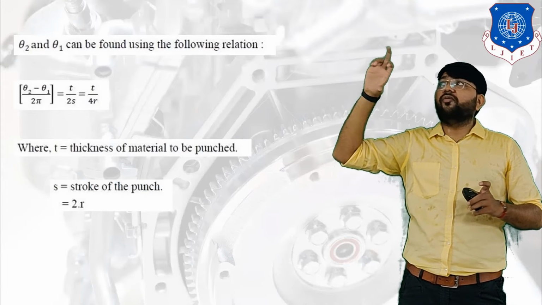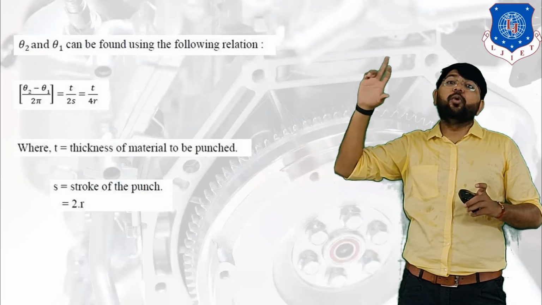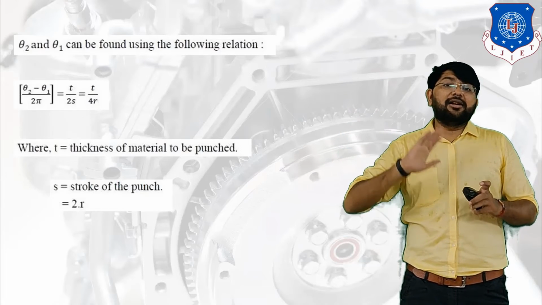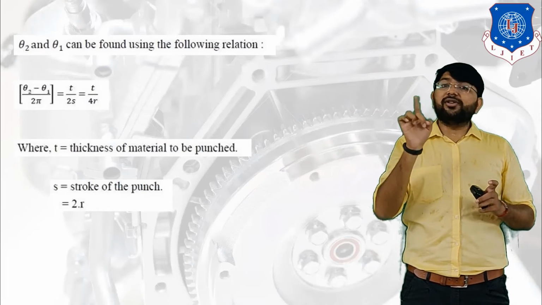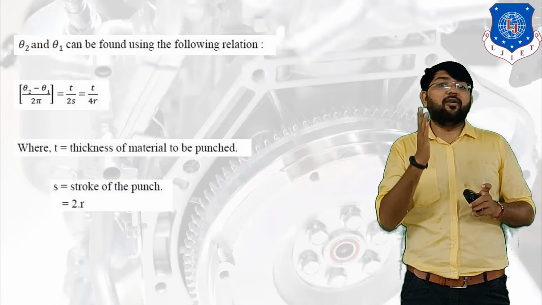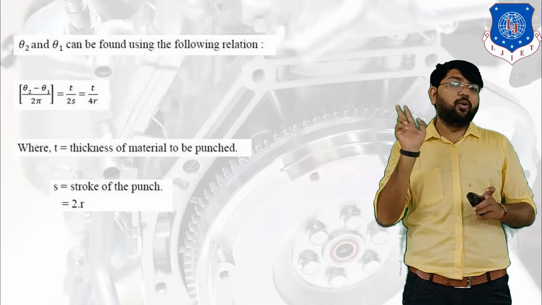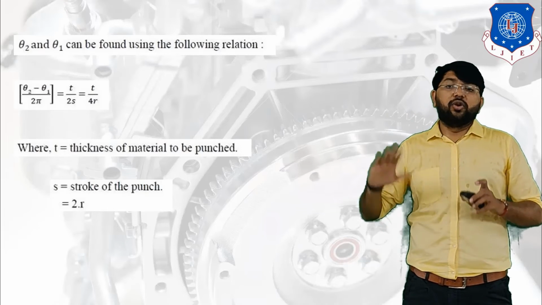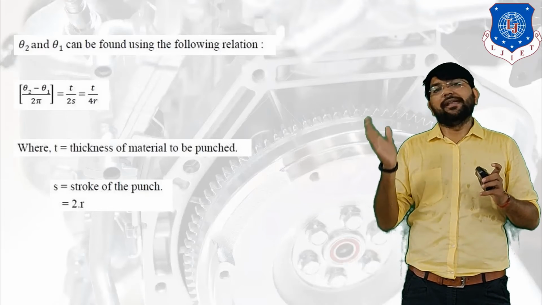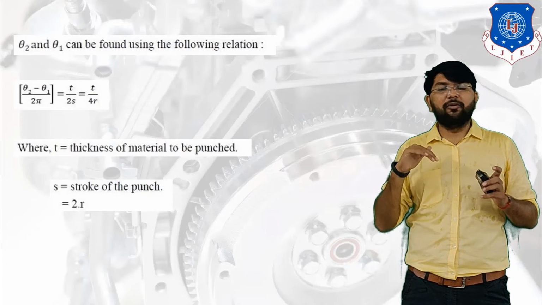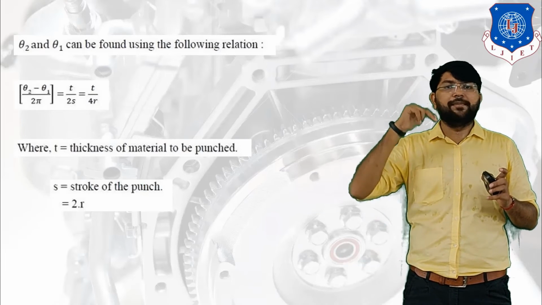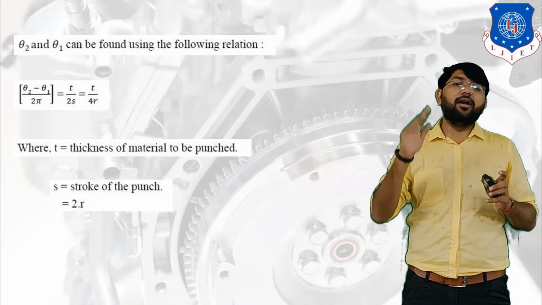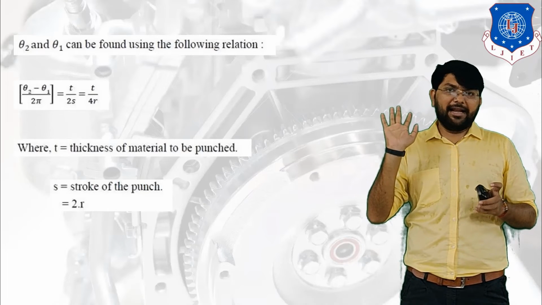Instead of diameter you can write 2 times radius. So one stroke is equal to 2r, and instead of 2s you can write 4r. So the final equation is (theta 2 minus theta 1) upon 2 pi is equal to T upon 2 times stroke, which is equal to T upon 4 times the crank radius.